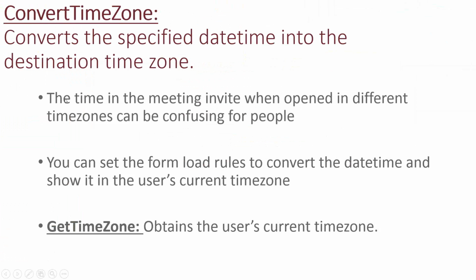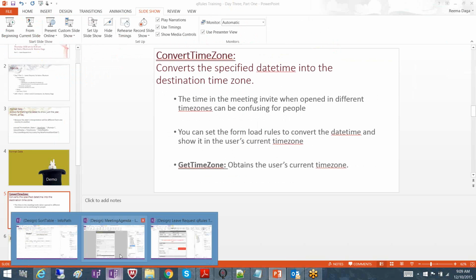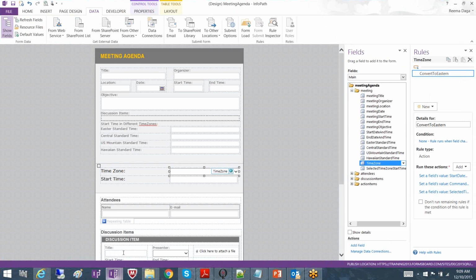If you do not want the drop down, you can set the form load rules to convert the date time and show it in the user's current time zone. You can use the get time zone command, which will give you the user's time zone, and you can use that to display in that time zone. And I will show you now the form in Designer and how I have set that up here.